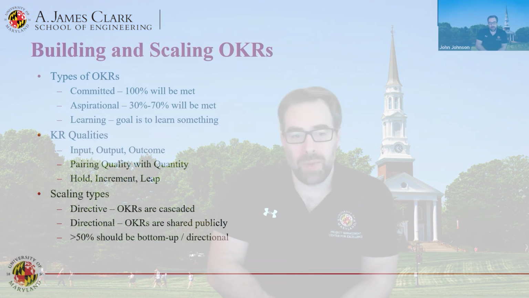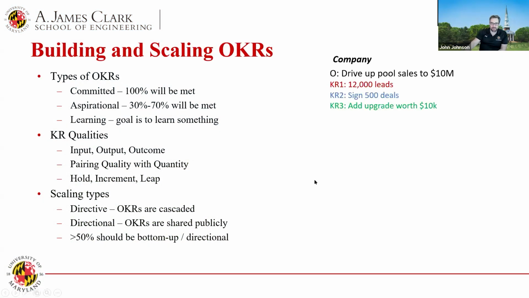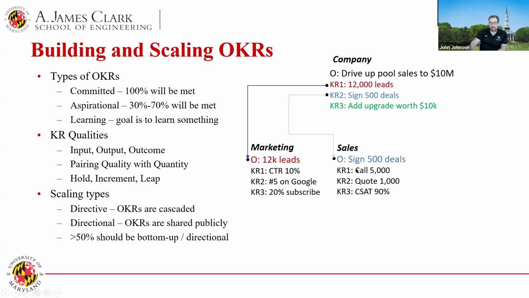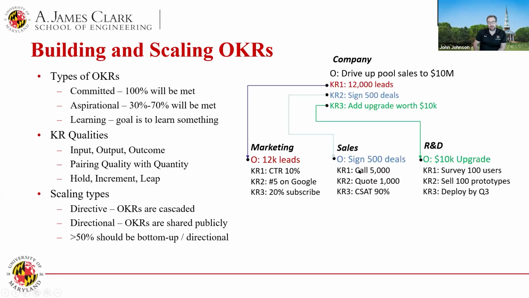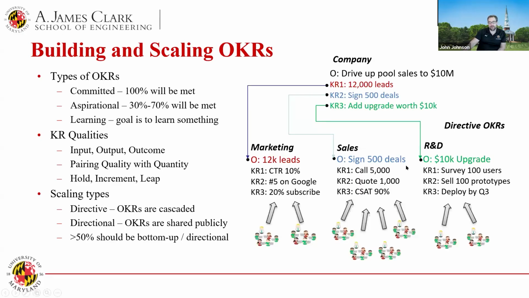And the way that we do this is that we identify these objectives and key results at a company level, and then we cascade them down through what we call directive OKRs, or we allow for teams to identify for themselves how they're going to go about meeting those OKRs in a directional capacity.